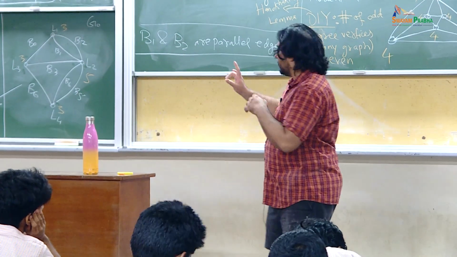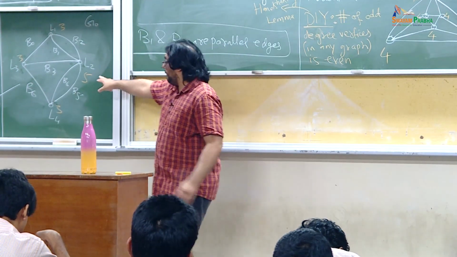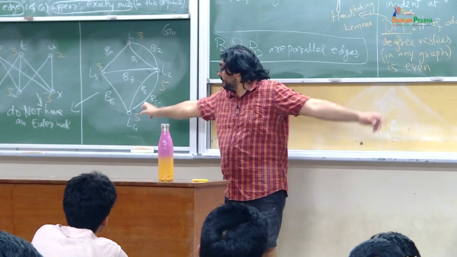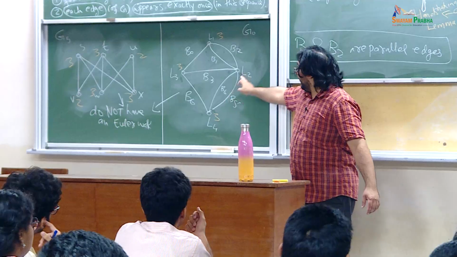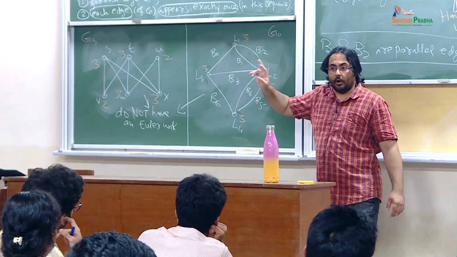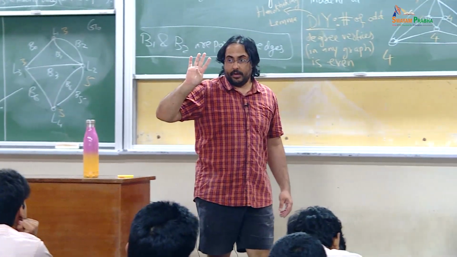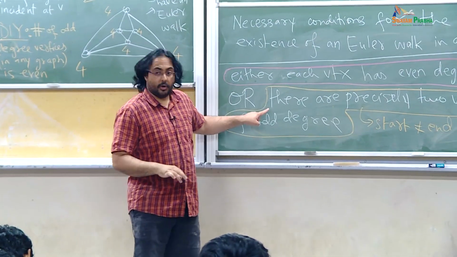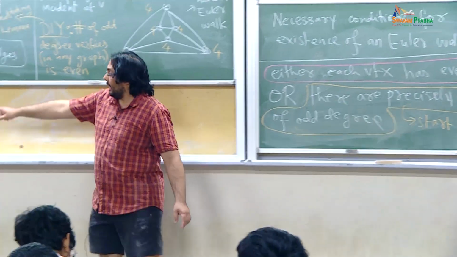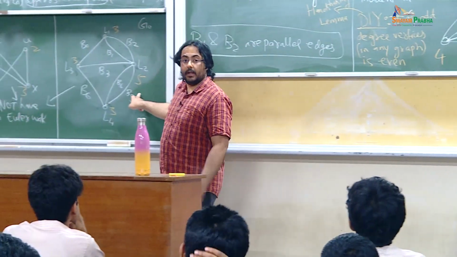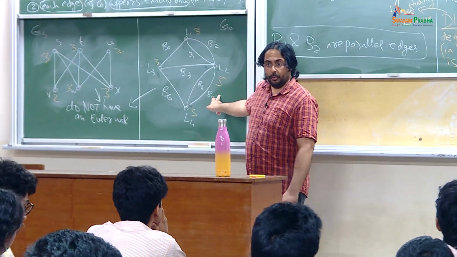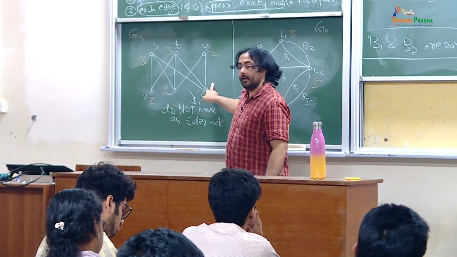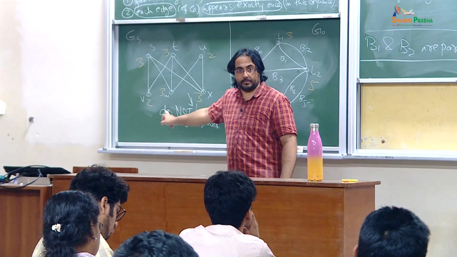Okay, but let's go back to the Königsberg graph. What can you say about the Königsberg graph using this? What are the degrees? All vertices are of odd degree, and there are 4 vertices of odd degree. So it is not this case. It is also not this case. Therefore, this graph does not have an Euler tour. Similarly, what about this graph? It also does not have an Euler tour.